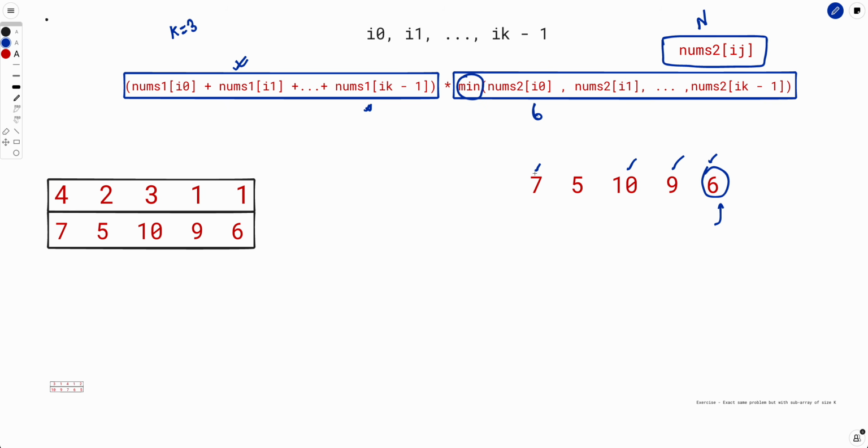So see, we can have 7, 9, 10 and 6. With 6, this is the corresponding index in nums1. With 9, this is the corresponding index. With 10, this is the one, and with 7, this is the one. So which three would you choose?